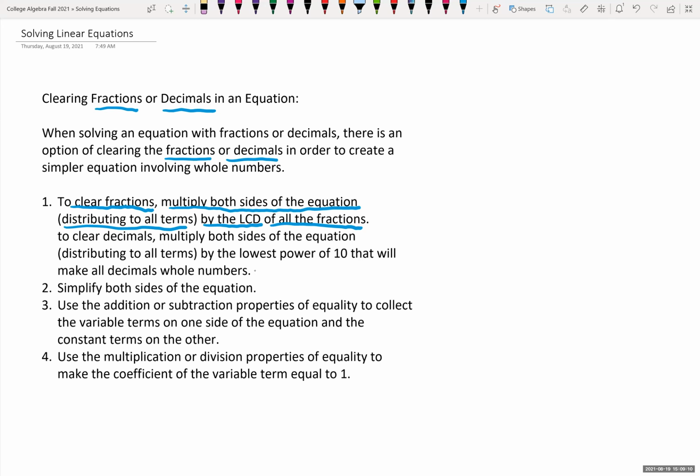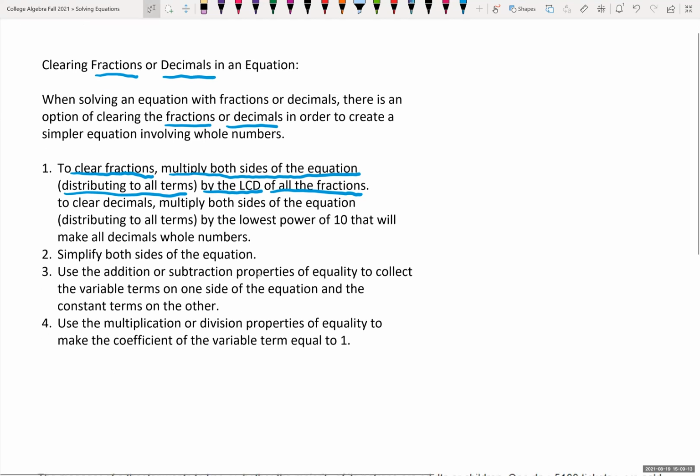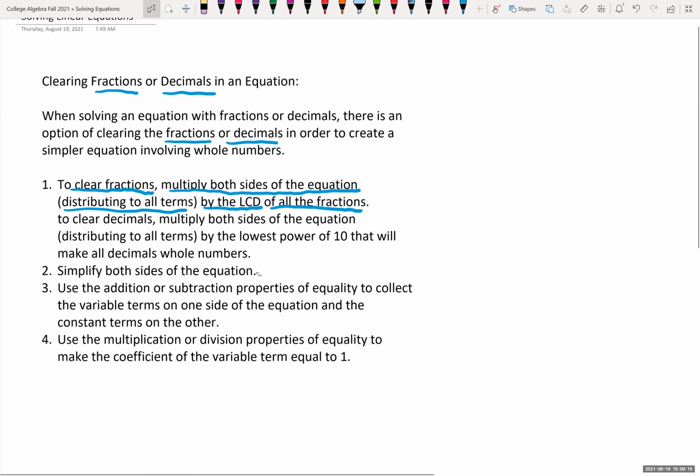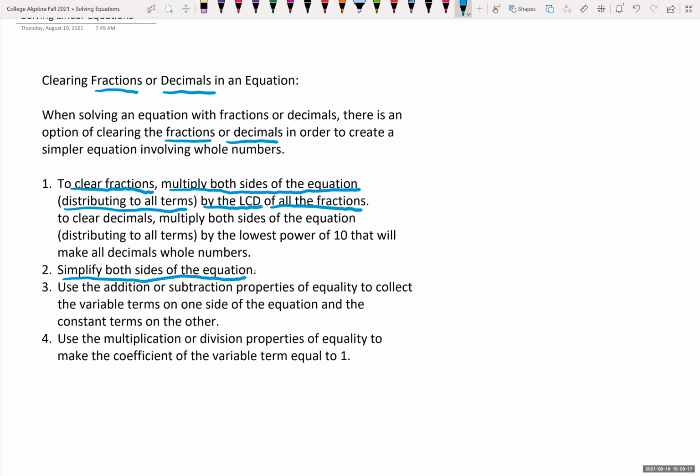Okay, so once we've cleared all our fractions and decimals in our equations, then we simplified both sides of our equation. We did that by, if we saw any parentheses, simplifying inside there if possible, doing any distribution properties and combining like terms.